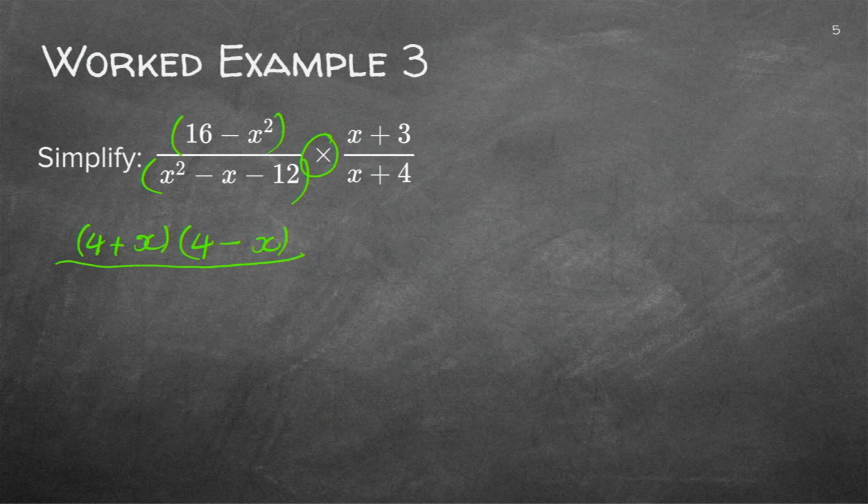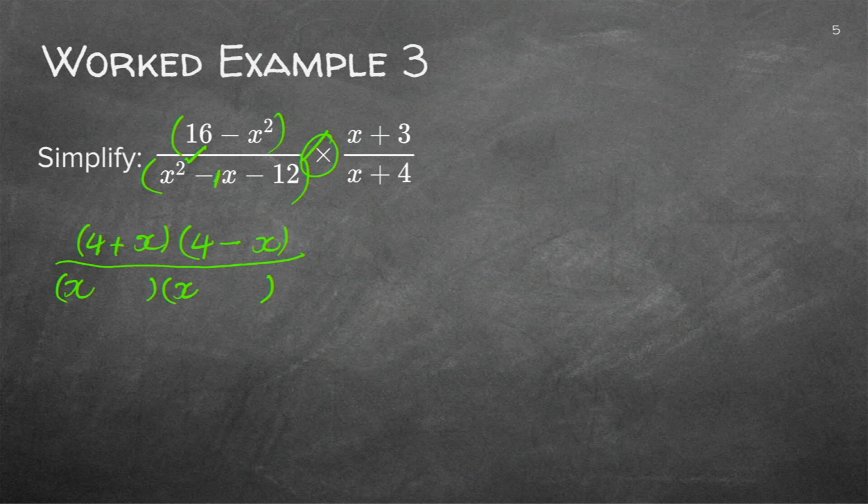Divide this by, now let's try to find factors of x squared minus x minus 12. Now let's see, factors of that also will be factors of the first term, x and x. Factors of the last term, that when you multiply them they give you 12, but when you add or subtract them they give you a negative 1.